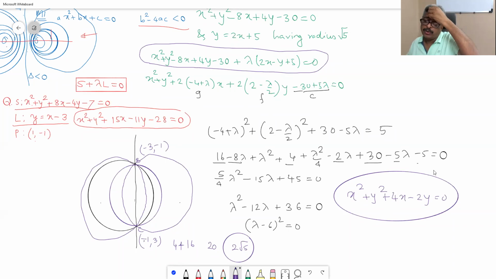Therefore, those who have said that you have got 5 out of 10, I am wrong. It is 10 out of 10 because 2 circles are coincident.